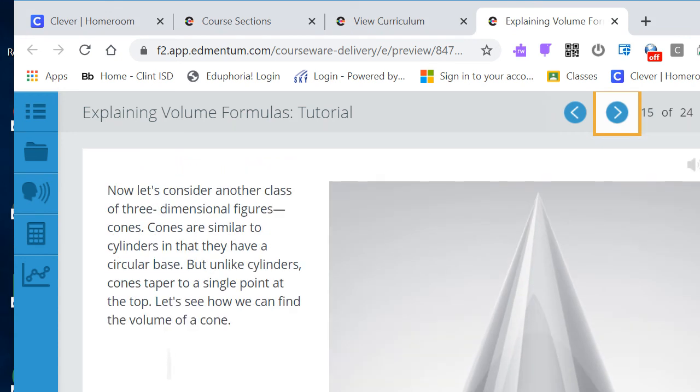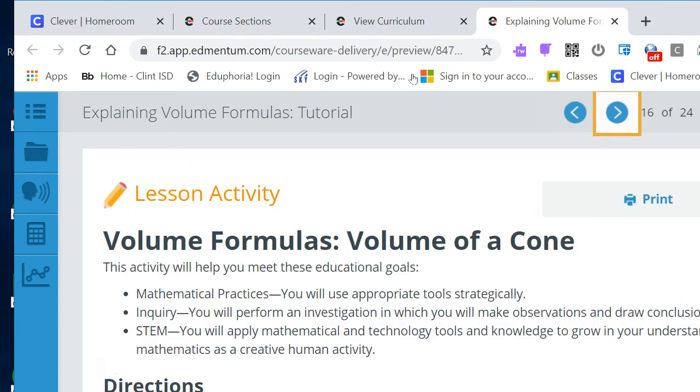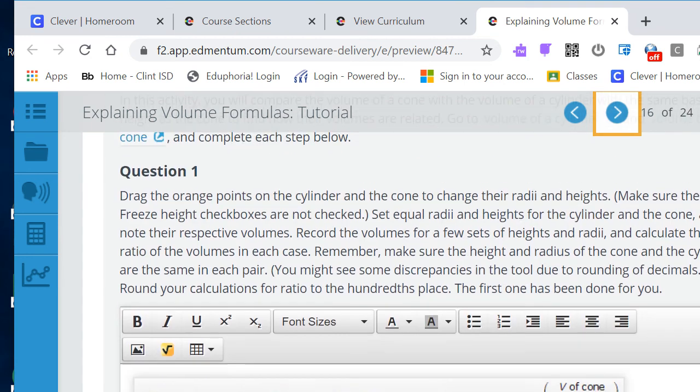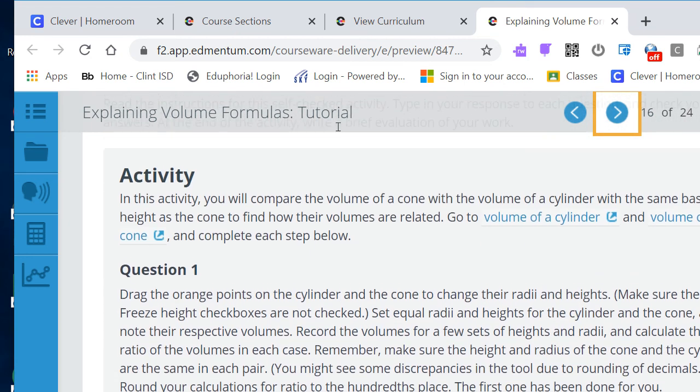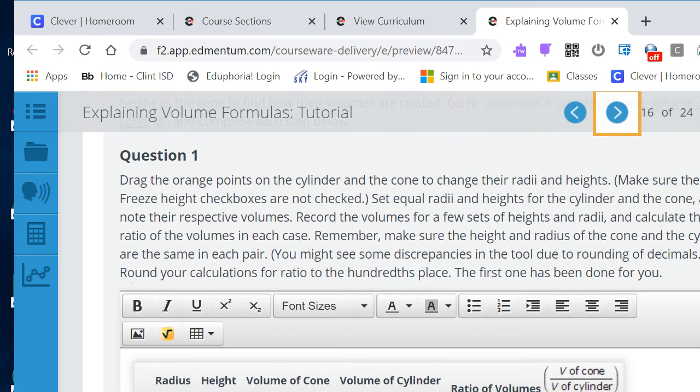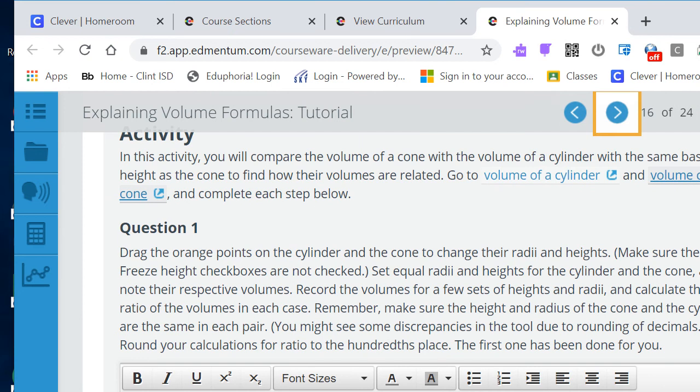Then we move into cones. Okay, for cones we have another activity, and they give me two links, one for the volume of a cylinder, one for the volume of a cone. The first thing that we have to do is look at the radius and height of the cone, and the radius and height of the cylinder, and then the volume of each. Notice there's only one space for radius and height, so that means the radius and the height for both have to be the same.